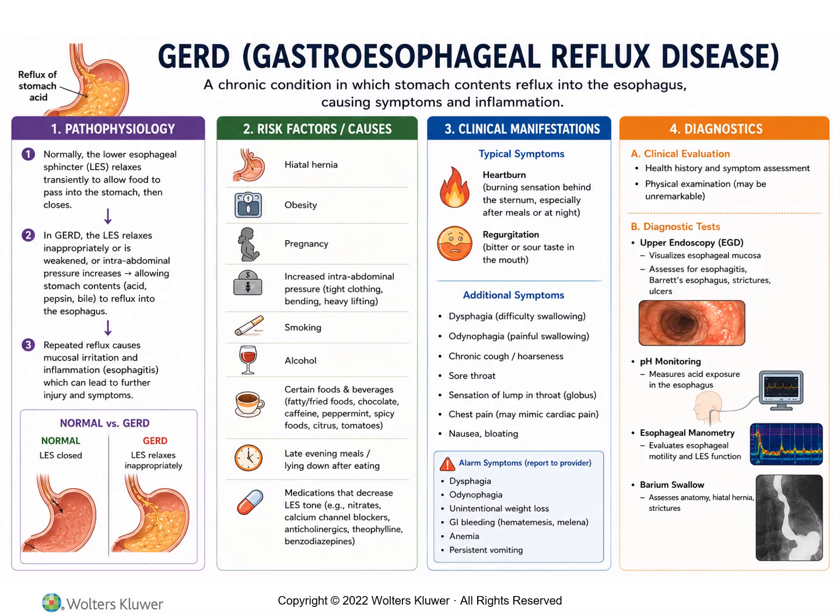It's not primarily used to diagnose routine GERD, but it can help evaluate swallowing or motility problems, and it's often used when other diagnoses are being considered or before certain procedures. A barium swallow gives us more information about the anatomy, and it can help identify abnormalities such as a hiatal hernia or a stricture, but it doesn't directly measure reflux the way pH monitoring does.